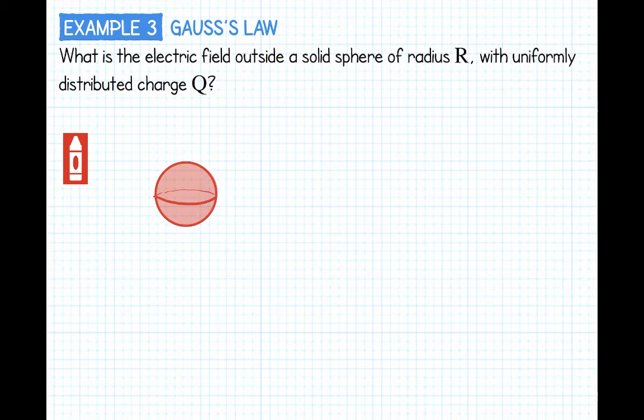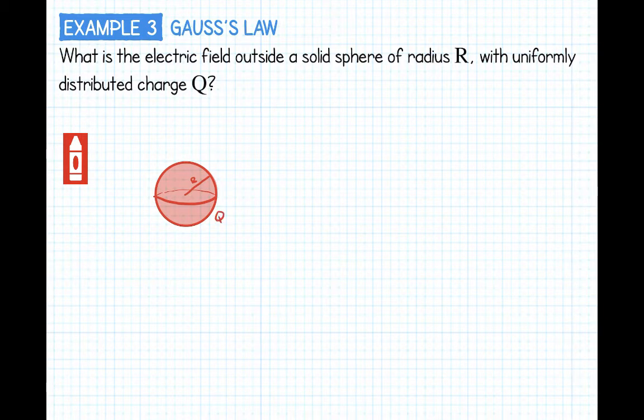So here's our sphere of charge. It has a charge Q, and it has a radius that we'll call R. We don't necessarily need to have this Q here. We'll just put it over here.